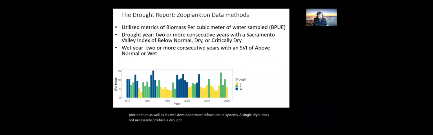So here we designated years as either drought years, being 2 or more consecutive years with an SVI below normal, SVI being the Sacramento Valley index, or as wet years with 2 or more consecutive years with an SVI above normal. Other years were considered neutral, and you can see how that plays out in the figure at the bottom of this slide.